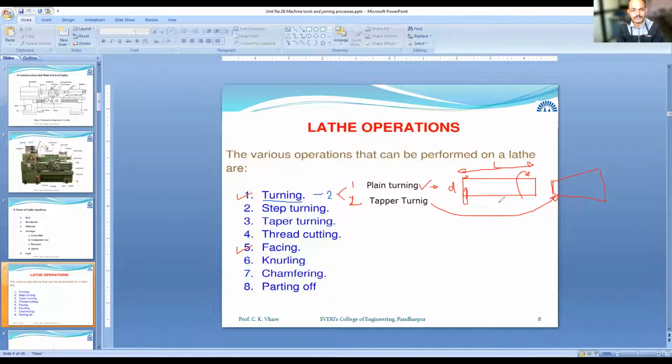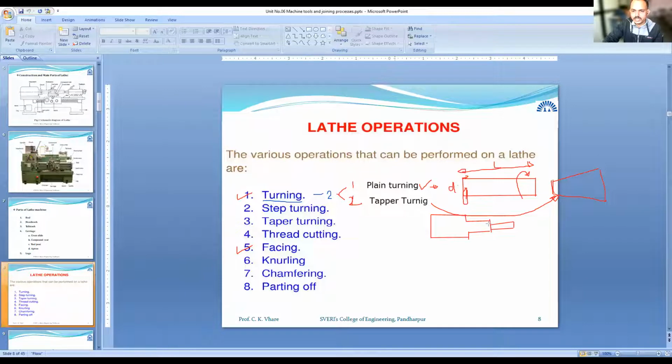Then there are different operations, such as step turning. Step turning means that instead of removing all the material, you can remove material like this, up to here this diameter, then up to here we have a different diameter, and then again a different diameter.